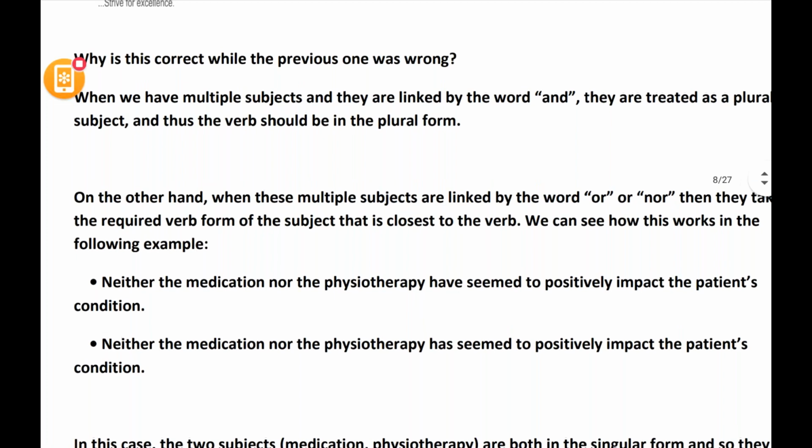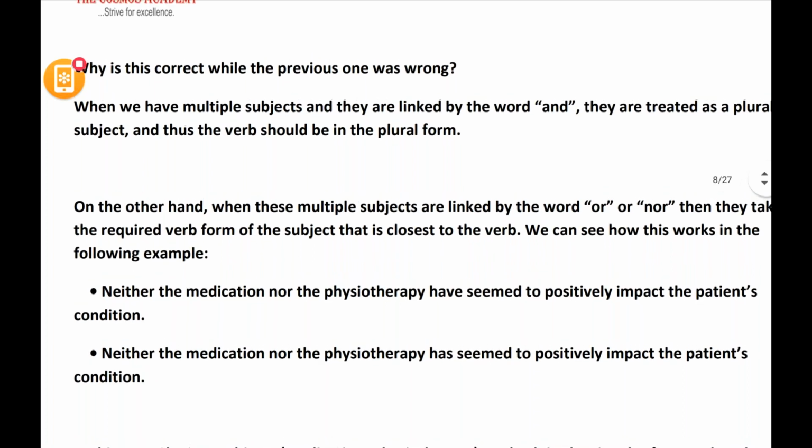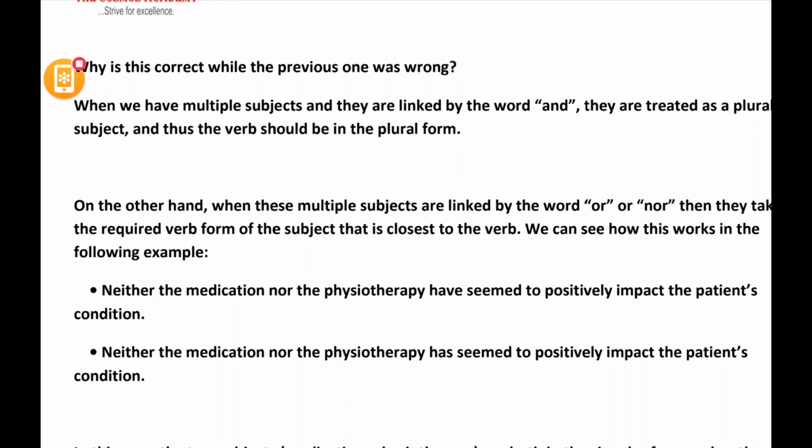Can you tell me what the two subjects are? The medication and physiotherapy. Yes, the subject is not patients. The subject is medication and physiotherapy. There are two subjects, and the verb is impact. This is what I told you. If you are using or or nor, it will be considered as a singular.